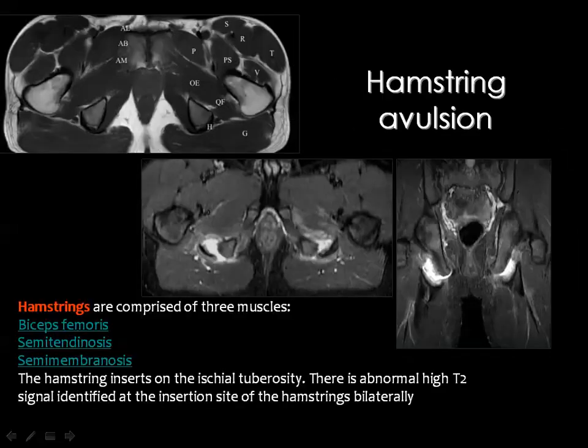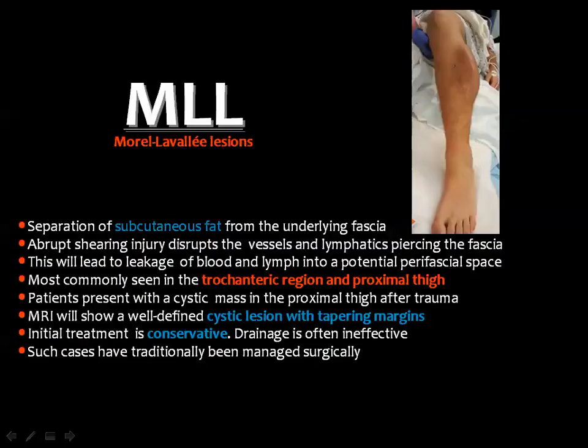And this is also a bilateral avulsion of the hamstring tendons from the ischial tuberosity. You see the tendon, you see the gap, and the gap is occupied by fluid compared to the normal appearance of the hamstring insertion into the ischial tuberosity.